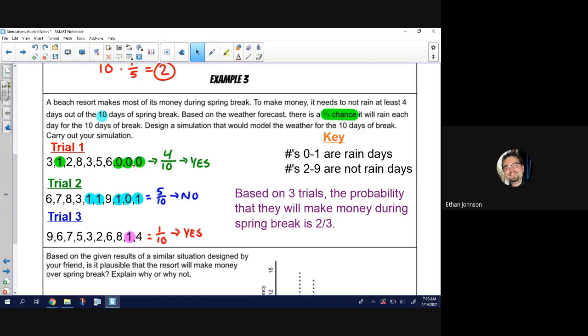Now, if you notice, we have a second part to this. And because we have a second part to this, we need to then use our same key. The key that we decided on, we have to use for all of the problems.